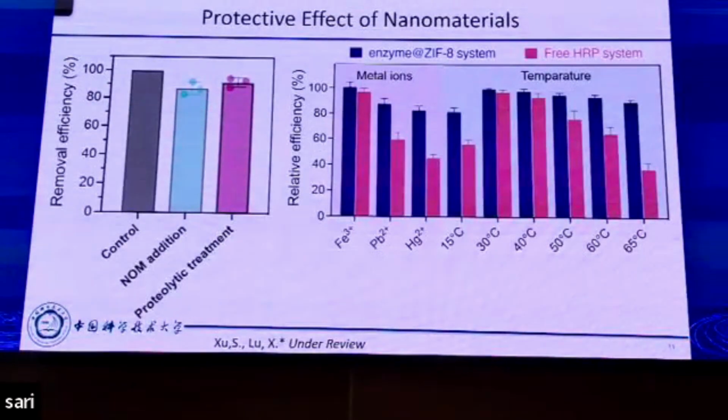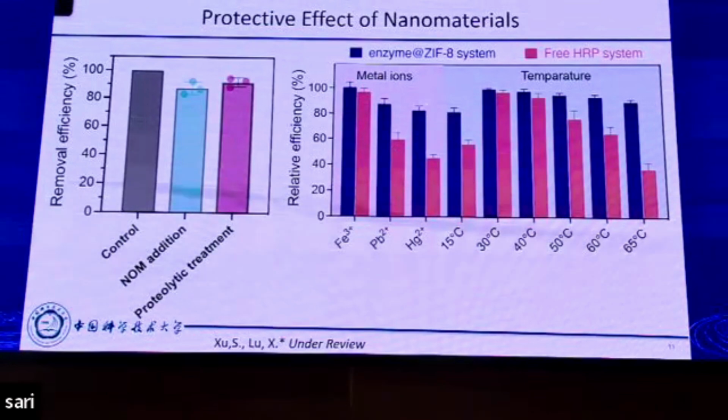So the next thing I want to show is that this system is pretty stable. Even in the presence of NOM, we can still achieve very high rejection. Another thing is that, during our preparation, we know that metal ions, especially some heavy metals, are detrimental to the enzymes.